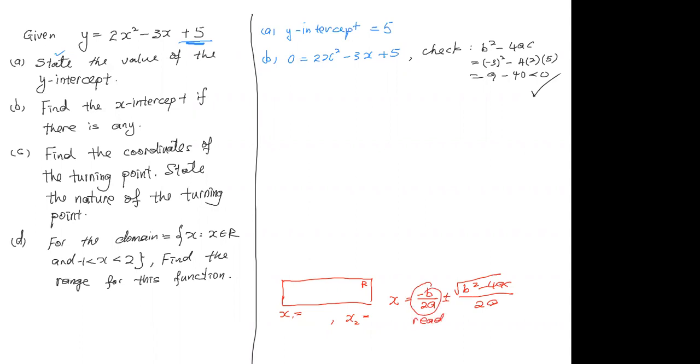And for this case, because this one is negative 36, the square root of negative 36 is not real.